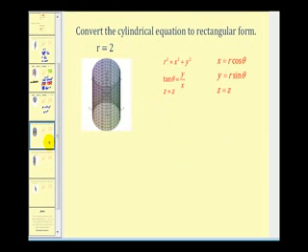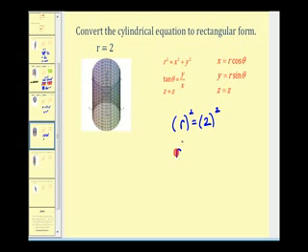Now let's go ahead and convert some cylindrical equations to rectangular form. So here we have the graph of r equals 2, which is a circular cylinder. When we're doing these conversions, we want to eliminate r's and thetas and replace them with x's and y's. So if we take a look at this equation r equals 2, since we know that r squared is equal to x squared plus y squared, we could square both sides of this equation.